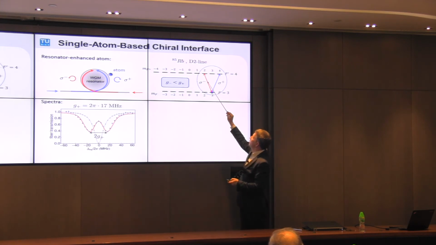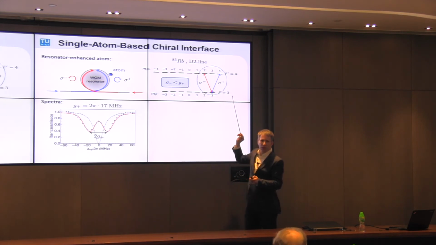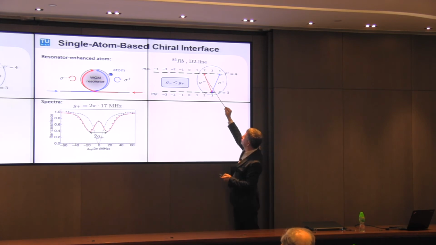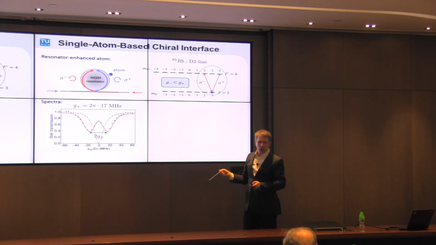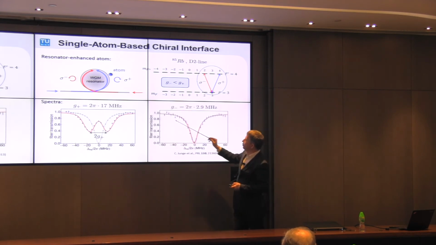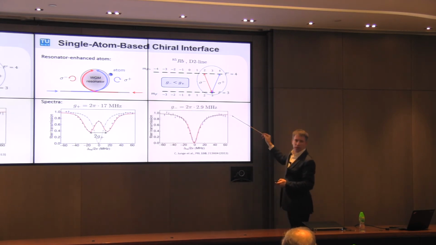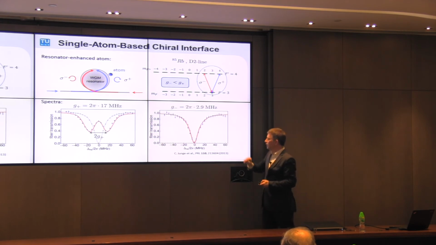In this case, the imbalance, again, due to the different transition strength, here it's not 1 to 50, but 1 to 30 roundabout. But this means that this transition is so weak that the atom does not influence the cavity mode. It's basically not there. So you see both with and without atom a single resonance here, which goes down to basically 0 transmission.